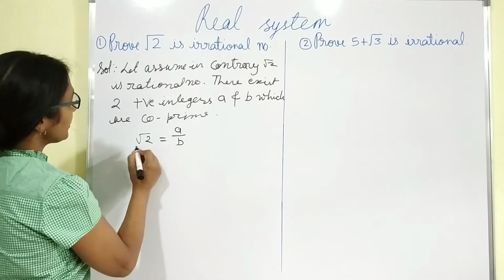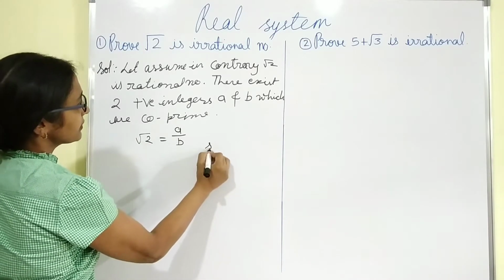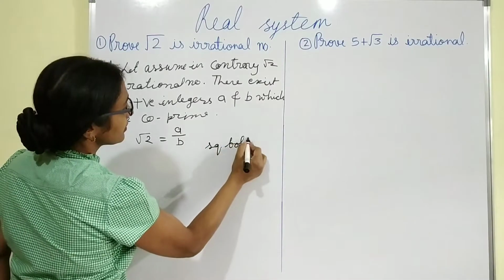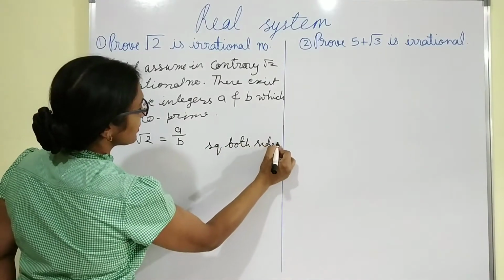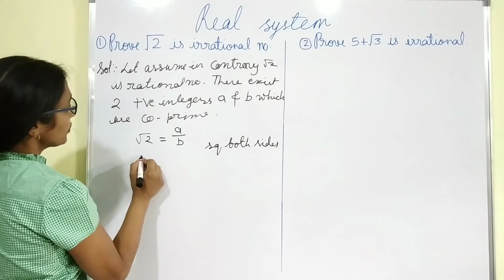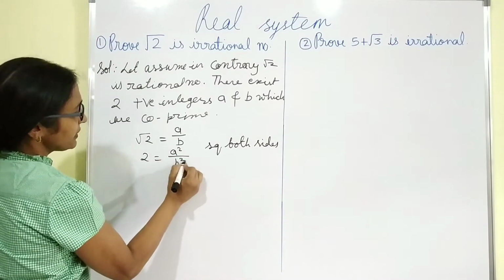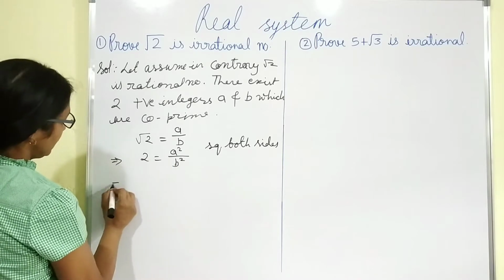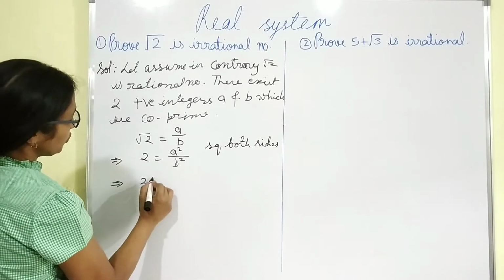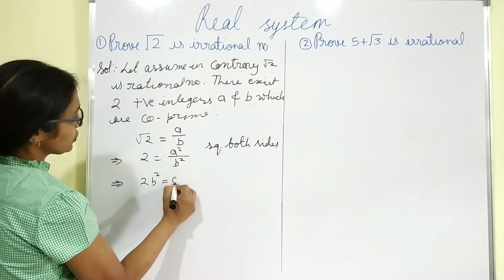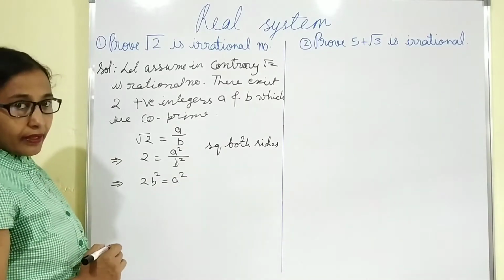Squaring both sides, so 2 equals a square upon b square. So 2b square equals a square.